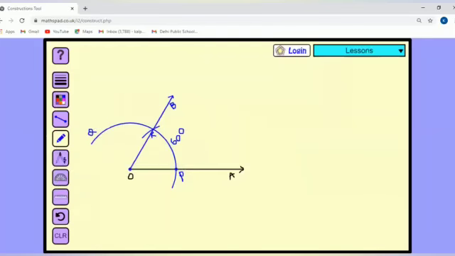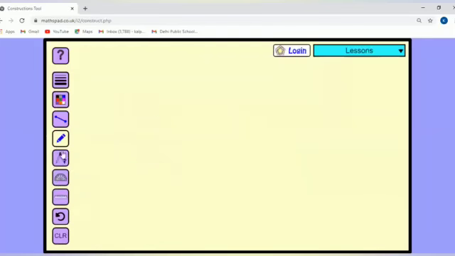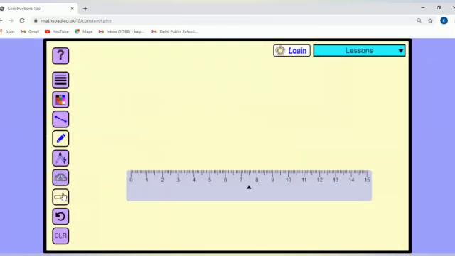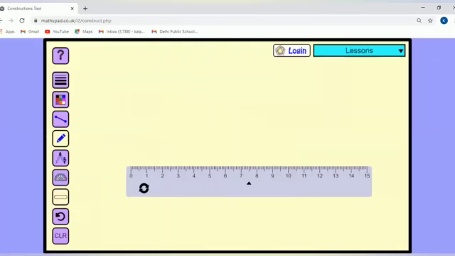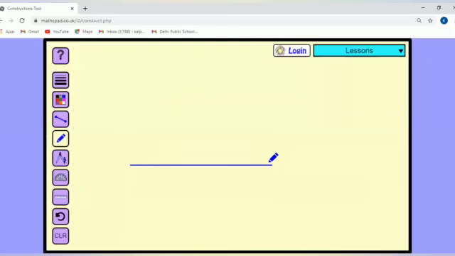Now let us construct 120 degrees. Now for 120 degrees, same, take the ruler, draw a ray, same process until 60 degrees, name it as OA.